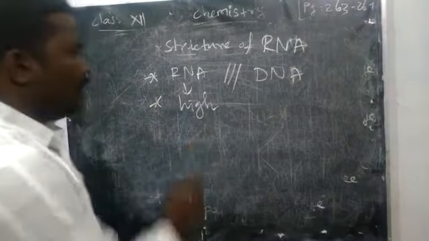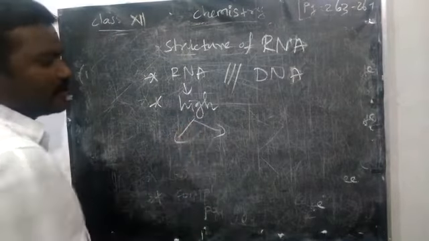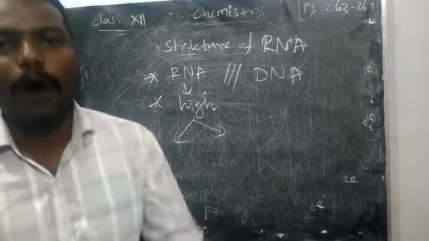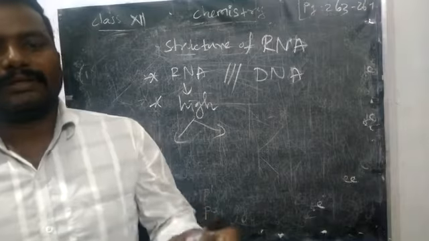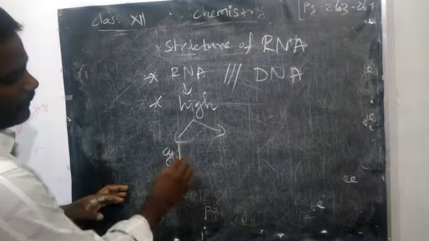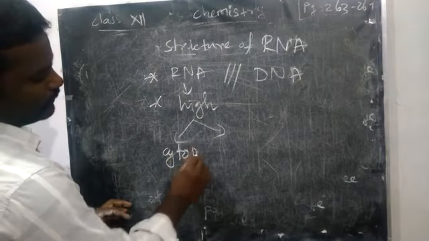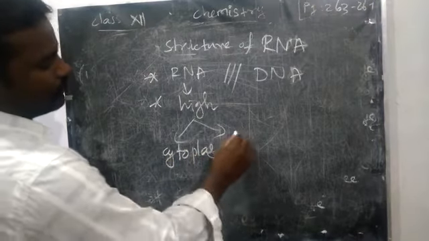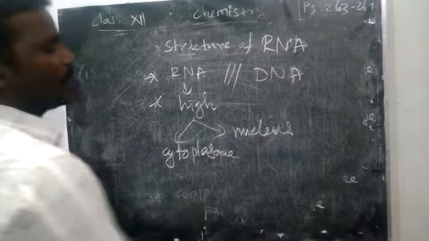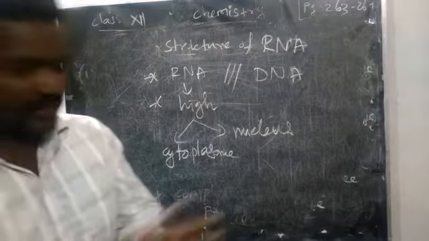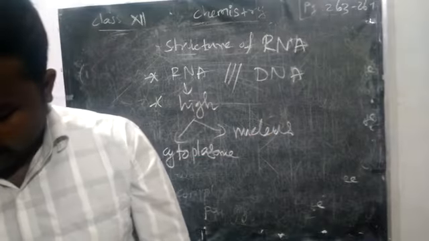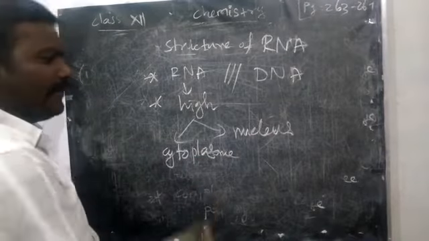And also this RNA is found in two places. One is the cytoplasm, another one is the nucleus. So nucleic acid, you know, nucleus, okay, right? Or we can write nucleic acid, that's better to understand. The book also gives the amount in the nucleus only.